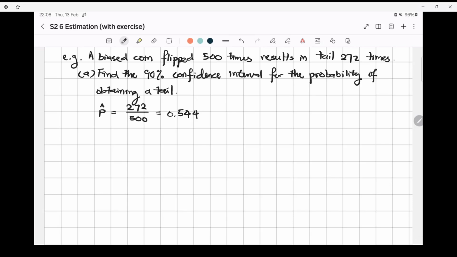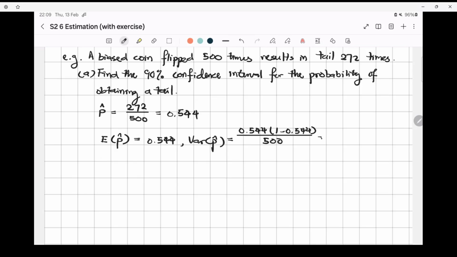Okay. So then from the equation, you know that the expected value of p hat in this case would be 0.544. The variance of p hat would be 0.544 multiplied with 1 minus 0.544, and then the whole thing you divide by n, which is 500.